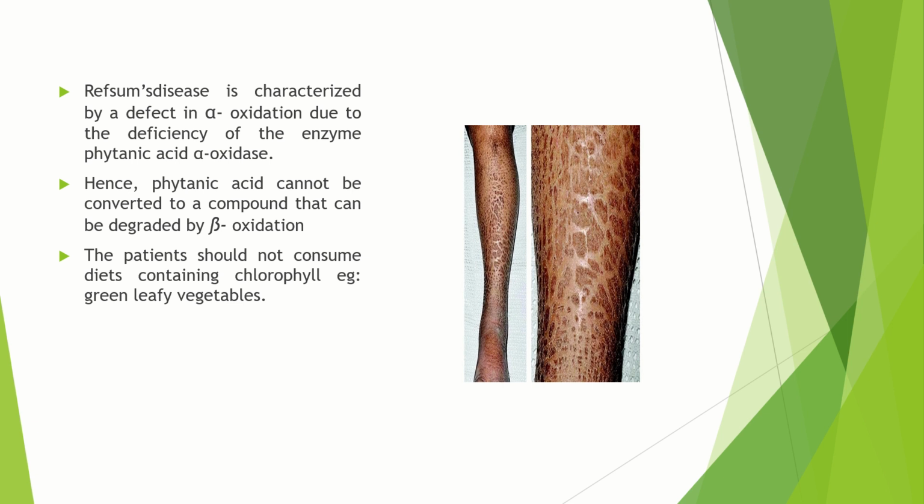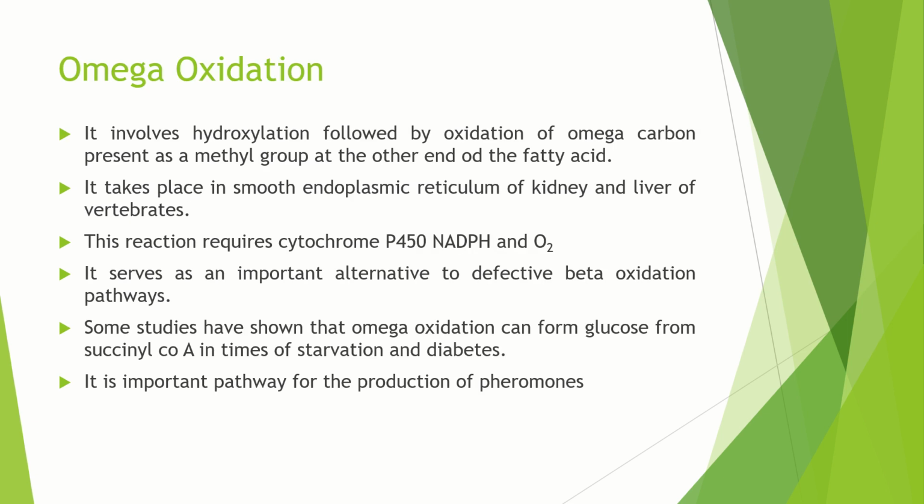If it is not converted to a compound which can be degraded by beta oxidation, these patients will suffer from Refsum's disease. The patients suffering from Refsum's disease shouldn't consume diets containing chlorophyll and green leafy vegetables.